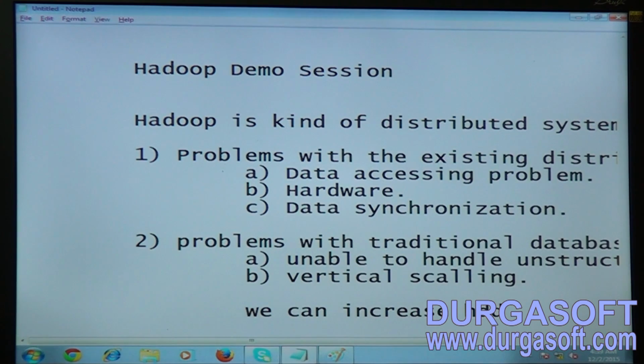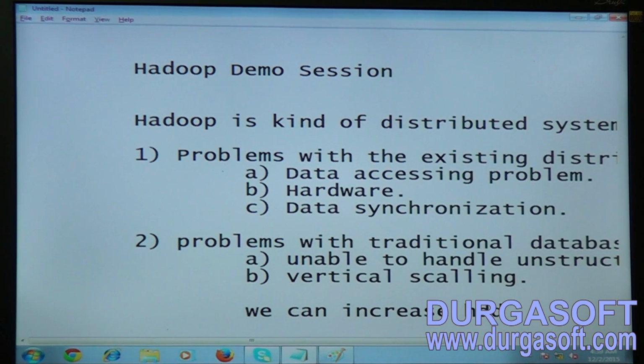Horizontal scaling is preferable when we keep increasing the data, because without affecting the existing server, we can keep loading data into another parallel server. That facility was not available in the traditional database system. Let's see whether Hadoop will provide a solution or not. These are all the problems when we choose traditional database systems to process our data.